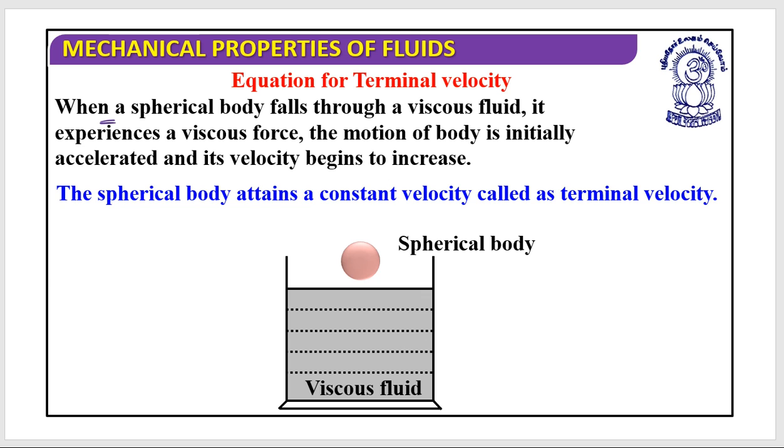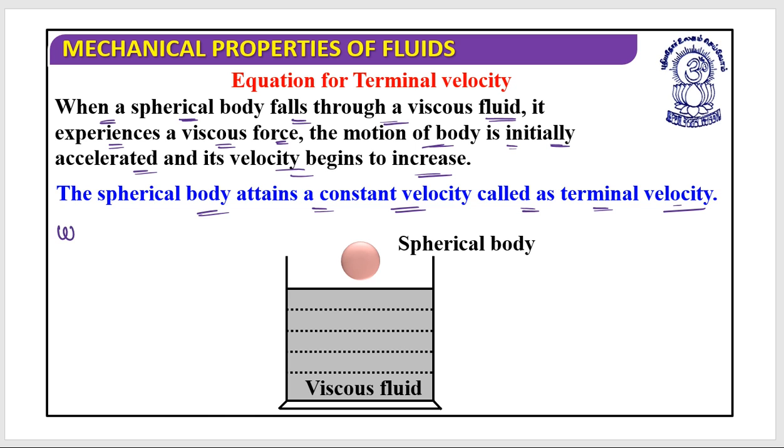When a spherical body falls through a viscous fluid, it experiences a viscous force, and the motion of the body is initially accelerated, and its velocity begins to increase. At a certain time, this spherical body attains a constant velocity, and that velocity is known as the terminal velocity.